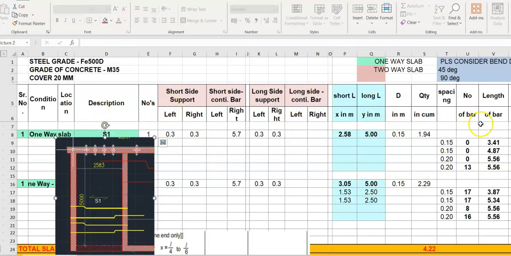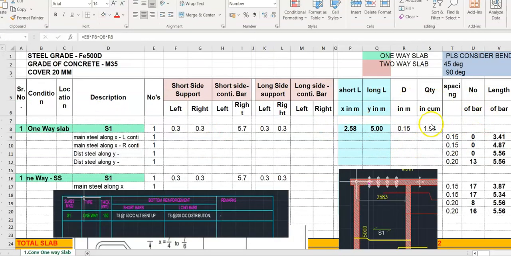Here all dimensions are in meter. This is the concrete quantity. Depth 0.15.